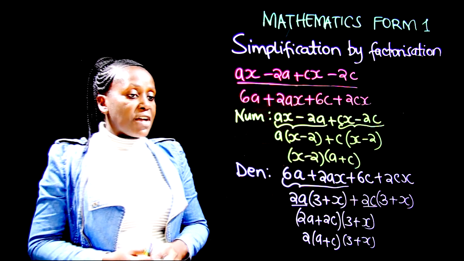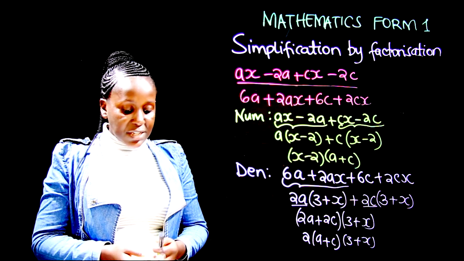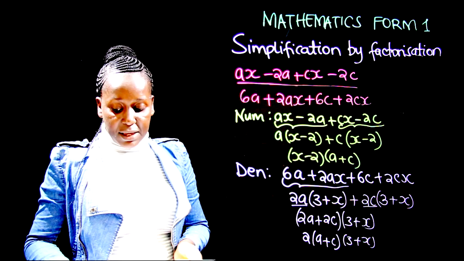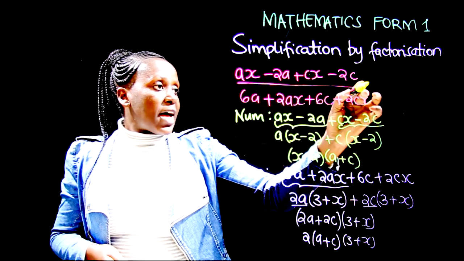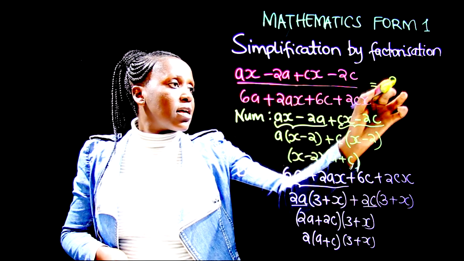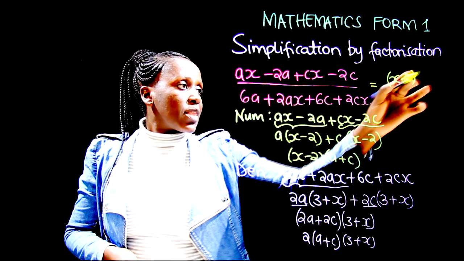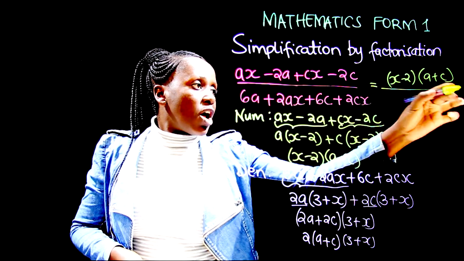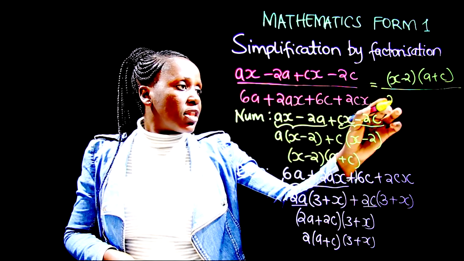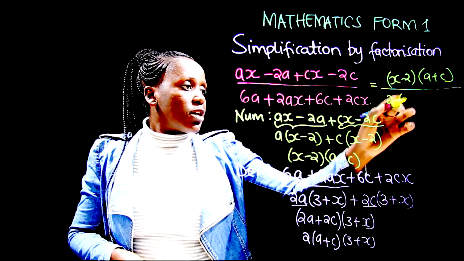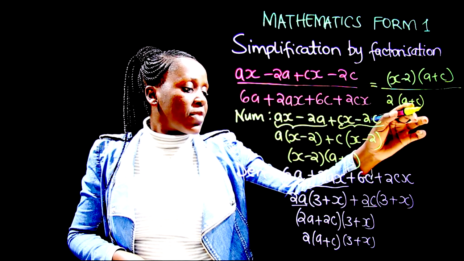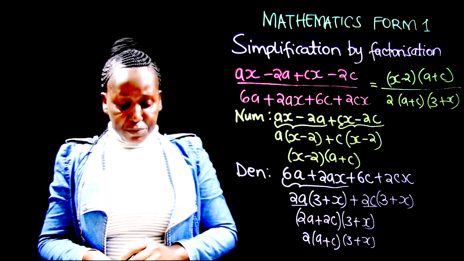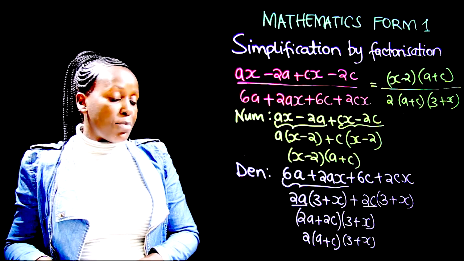Now since we have factorized both the numerator and the denominator, we are now going to put them back together and divide them. So the numerator is x minus 2, then a plus c. All this over the denominator, which is 2 into a plus c, then times 3 plus x. Do you find anything that is common?